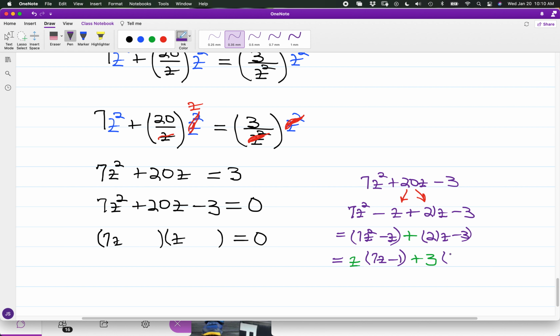So the factorization will be that which is shared, in this case 7z minus 1, coupled with the outside terms, being the greatest common factors from the pairings. So we have the factorization: 7z minus 1 and z plus 3.